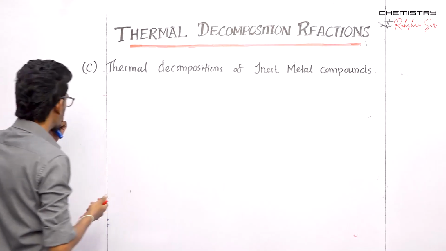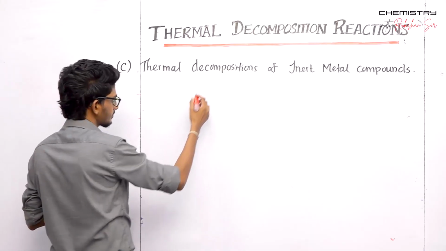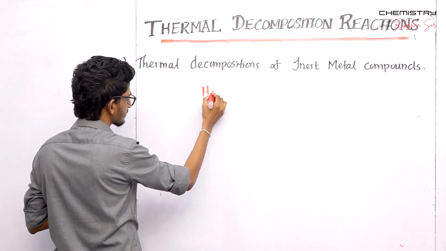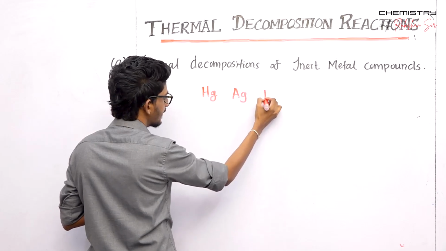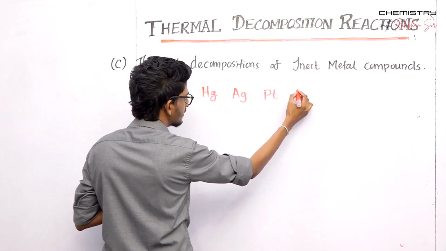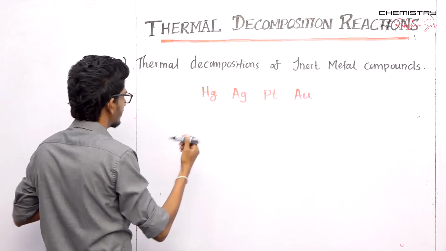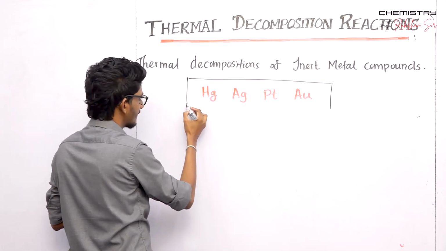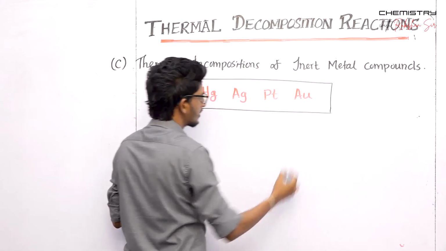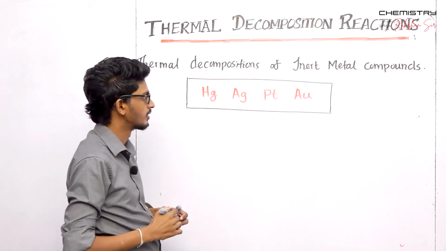We have only 4 inert metals, right? What are those 4? Mercury, silver, platinum, and gold. These are the inert metals. Now we are going to discuss how these guys get decomposed when we supply heat.